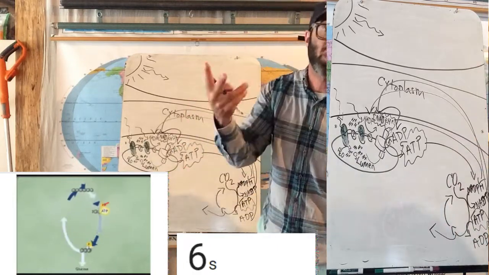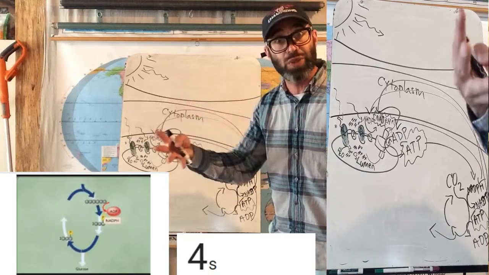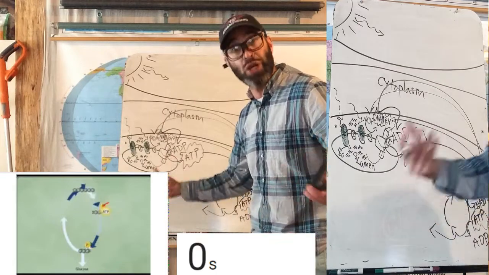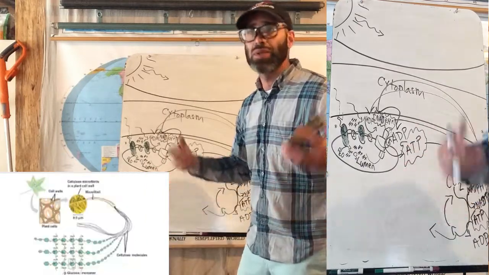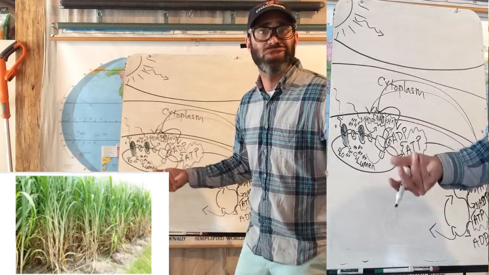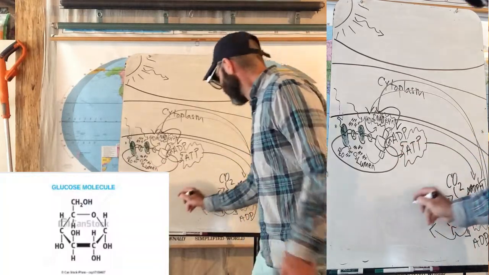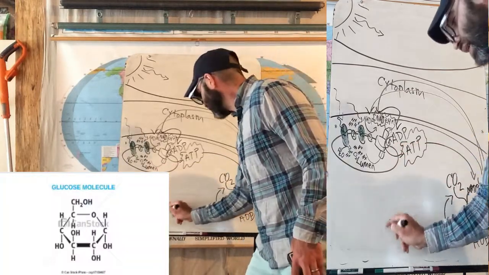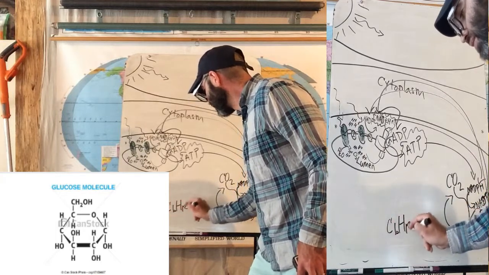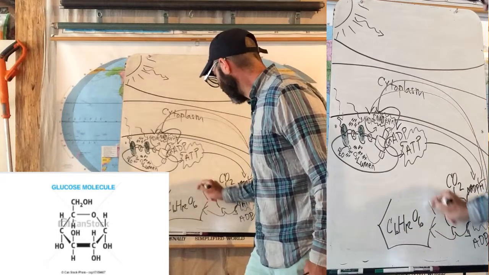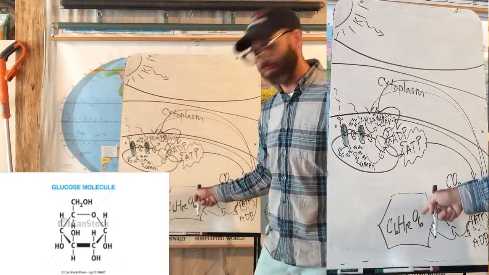But once you get two 3-carbon molecules, they attach to each other in different configurations to make different types of sugars. Cellulose, sucralose, fructose, sucrose, right? Glucose. Glucose, C6H12O6. This is a 6-carbon sugar.